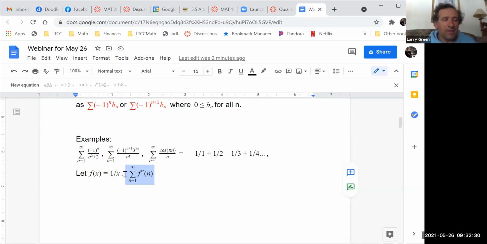Okay, so in the last week or so, what's our big question about any series? Yeah, does it converge or does it diverge? That's the question. Remember that if it diverges, don't put it in a computer and ask the computer to tell you what it is, because it'll give you the wrong answer.